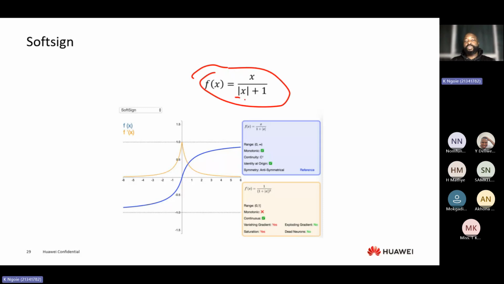When you have an X with those two bars, what does it mean in mathematics? What does it mean, guys?